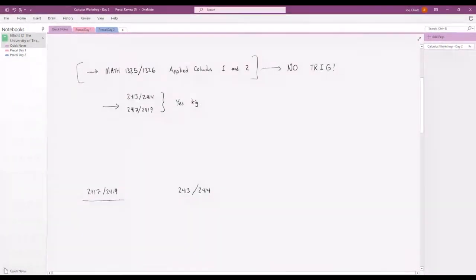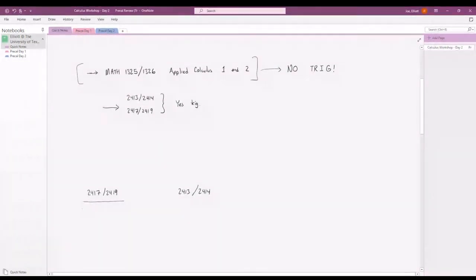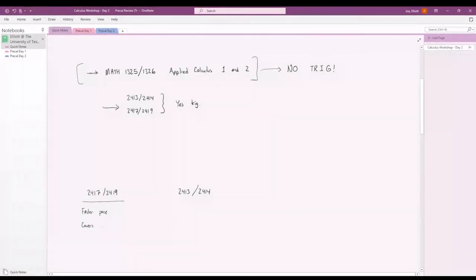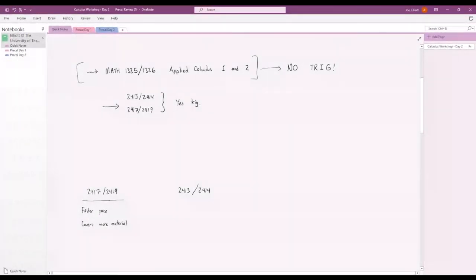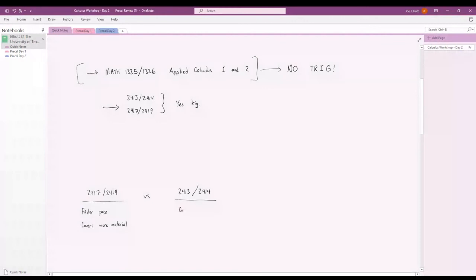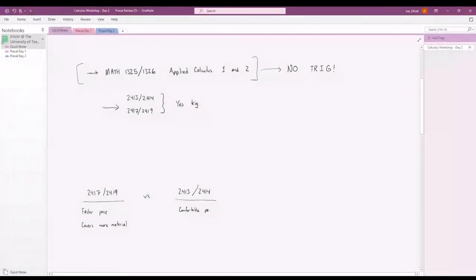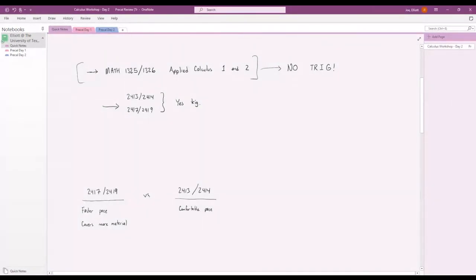I guess the 2417-19 sequence moves at a faster pace, and it also covers more material compared to 2413, 2414. So these are at a much more comfortable pace, I would say. Not necessarily that it's super easy though.